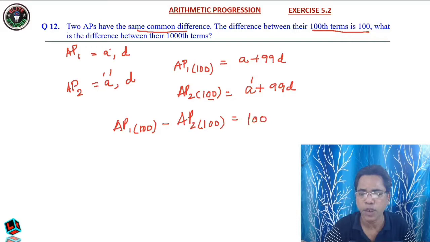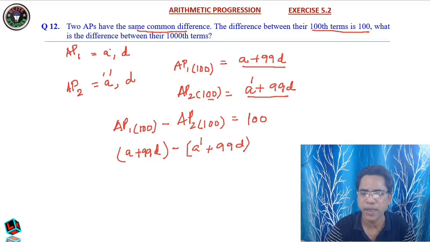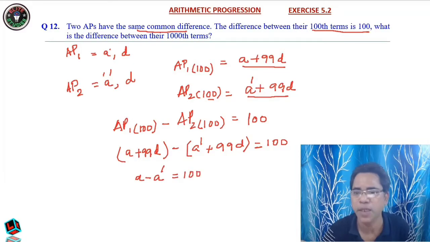So putting these values, we get (A plus 99D) minus (A dash plus 99D) is equal to 100. Here 99D cancels, and we are left with A minus A dash is equal to 100. We got this from the given condition.